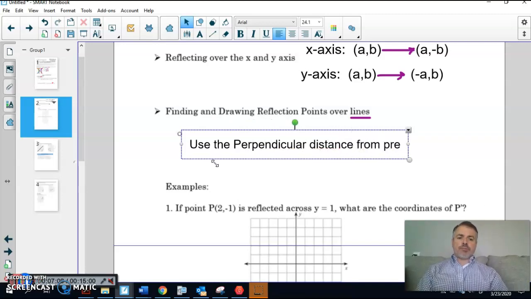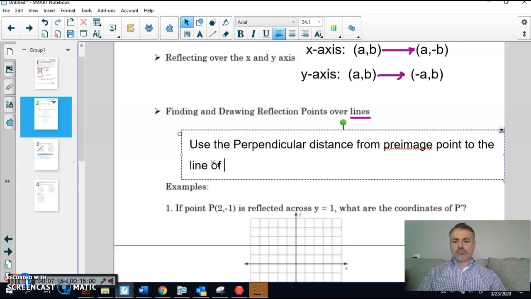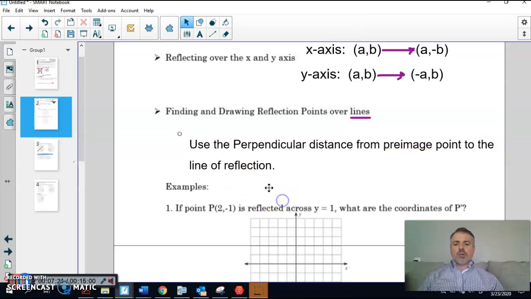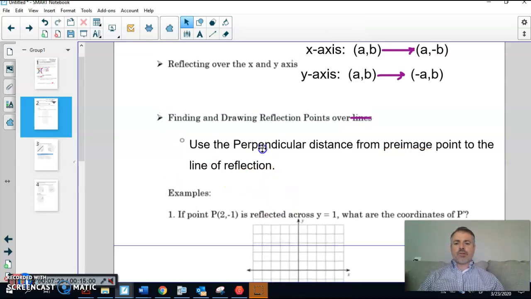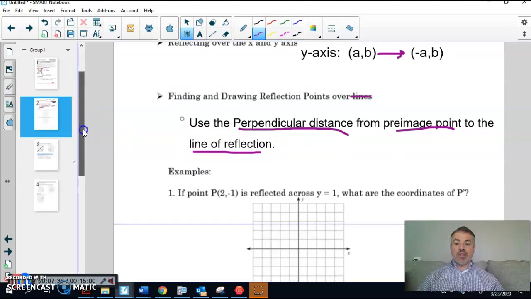From the pre-image point to the line of reflection. So again, I'm going to show you what that means. But what's important is this: the perpendicular distance from the pre-image point to the line. So we're going to find that and then use that.